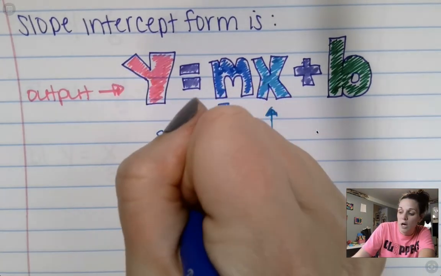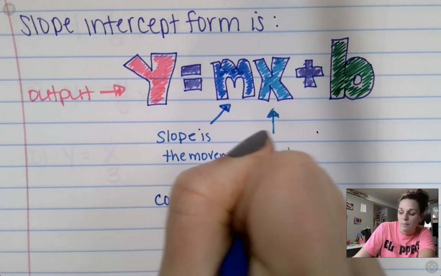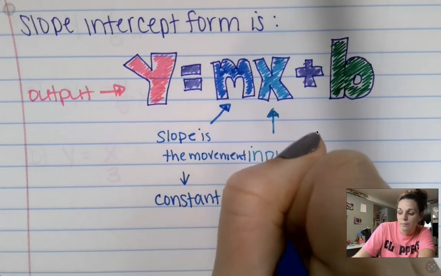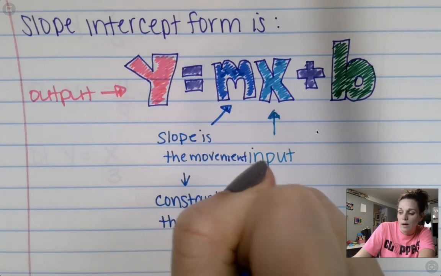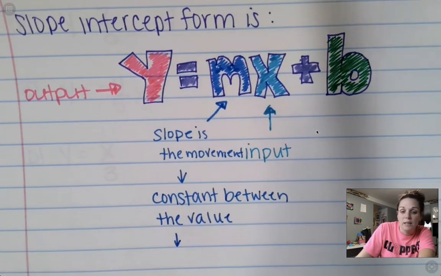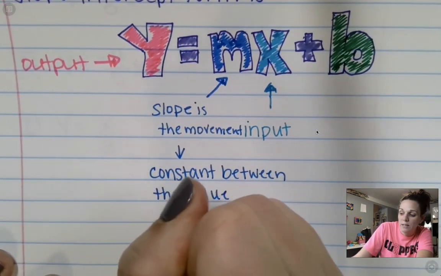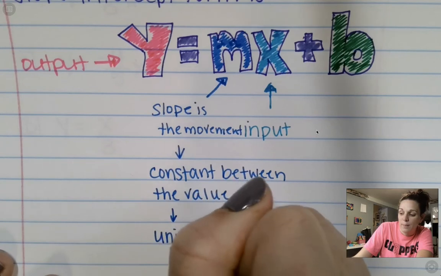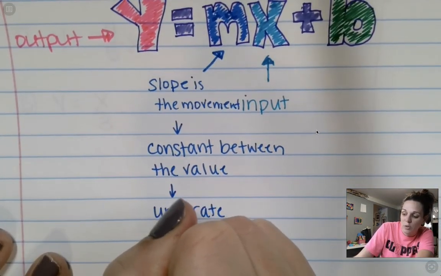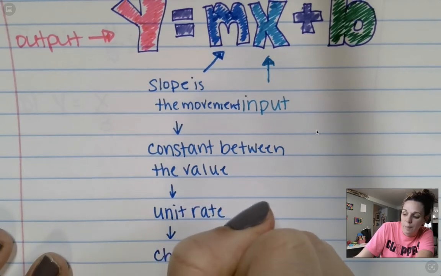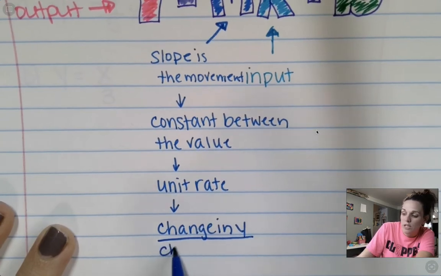Slope is the constant between values. Slope is that consistency going through it. It is the unit rate that is occurring, and it is still the change in y over the change in x.